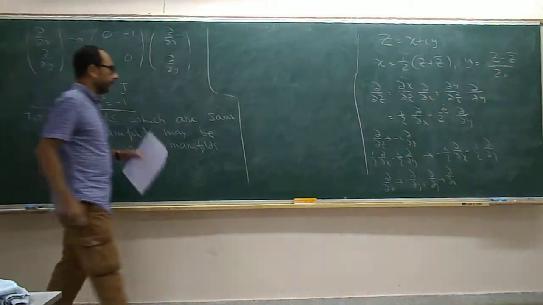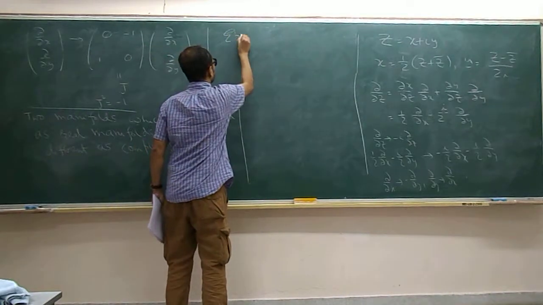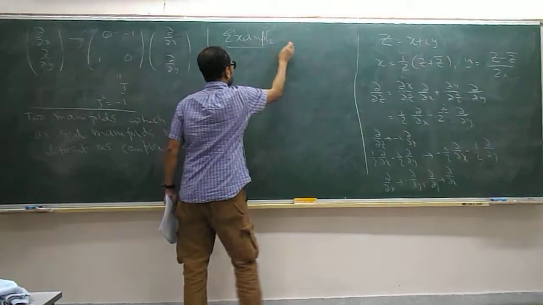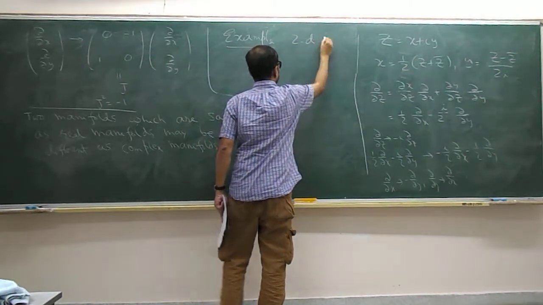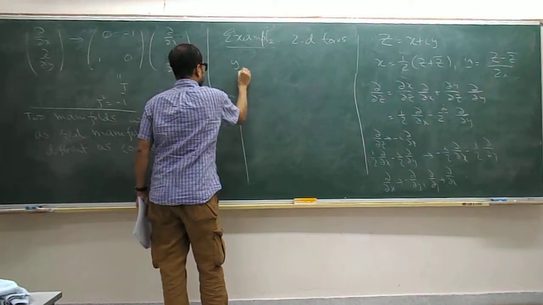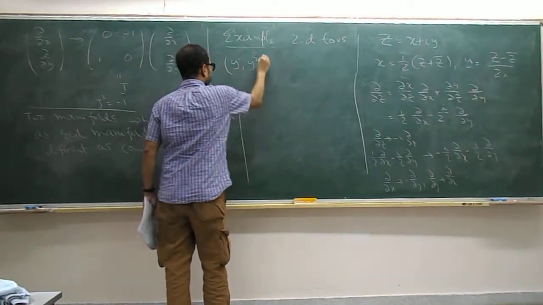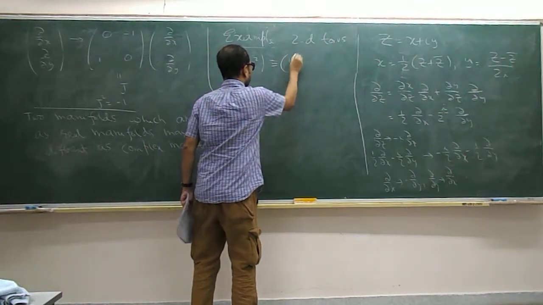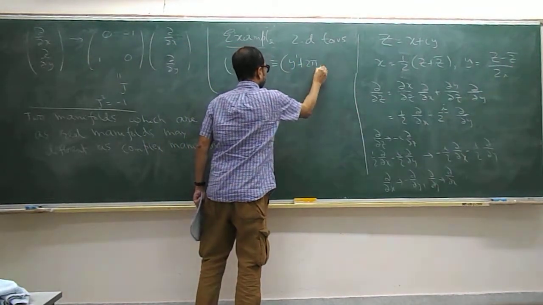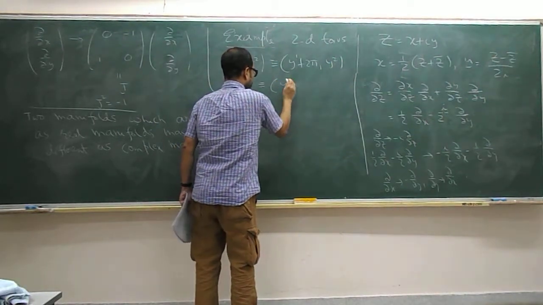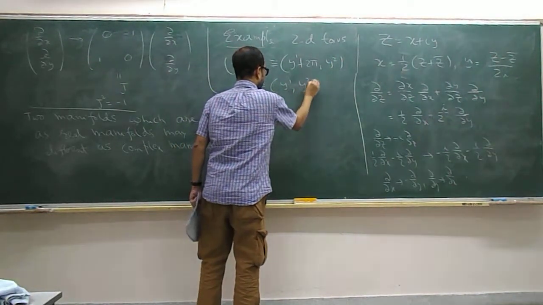So here is an example. Take a two-dimensional torus. It's basically characterized by two real coordinates, y1, y2, which are taken to be equivalent to y1 plus 2 pi, y2, and also y1, y2 plus 2 pi.